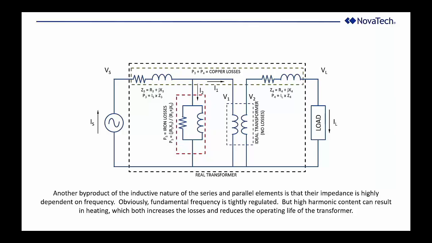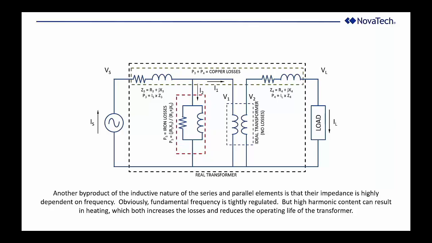Fact of the matter is, the frequency is so tightly regulated, you don't really have to worry about losses due to frequency, except when you have high harmonic content, particularly if your load may have high harmonic content. Then every discrete individual harmonic component has a different impedance characteristic depending on the contribution of that harmonic component.